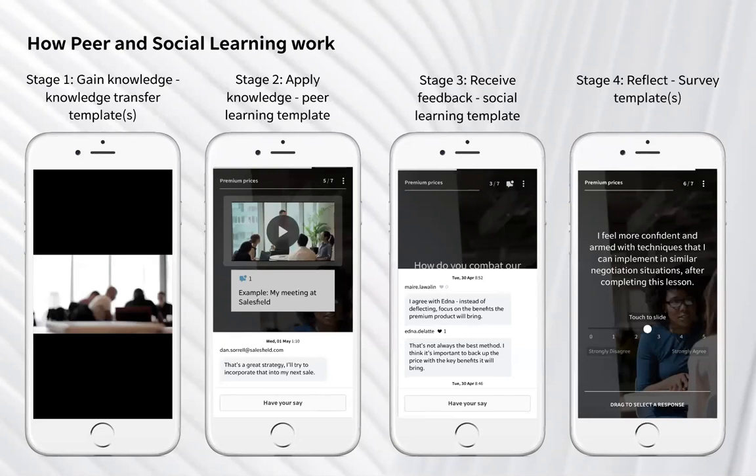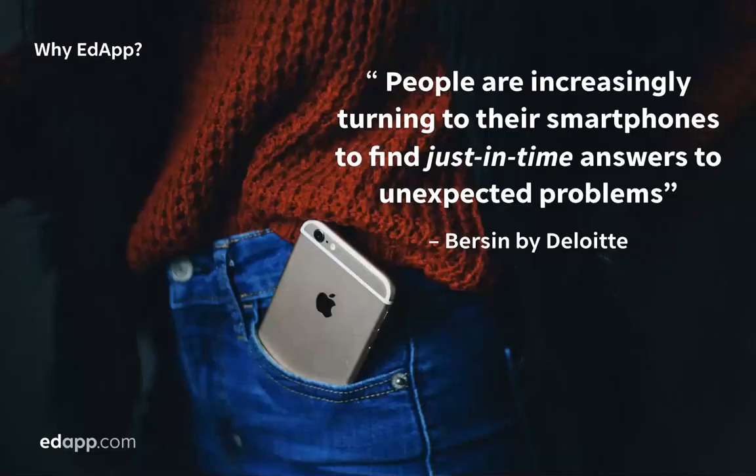And then to close this loop, we would recommend closing off with a reflection, which in this case would be a survey template. As you can see on the screen, this is where you can say, I feel more confident and armed with techniques that I can implement in similar negotiation situations after I've completed this lesson. And that's a great way for you to put this theory into practice.